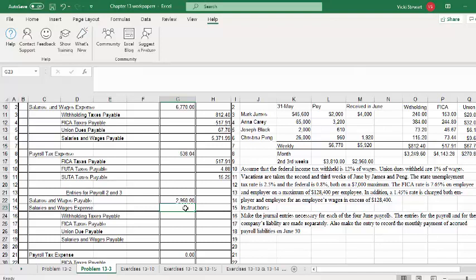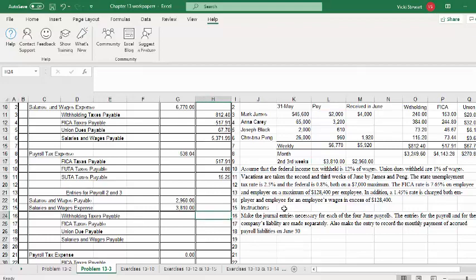The other salaries and wages expense would be $3,810. And how did I get that? I just took $6,770 and I subtracted the amount of the vacation pay, and that gave me the amount of the salaries and wages expense that would be recorded for the other 3 employees.